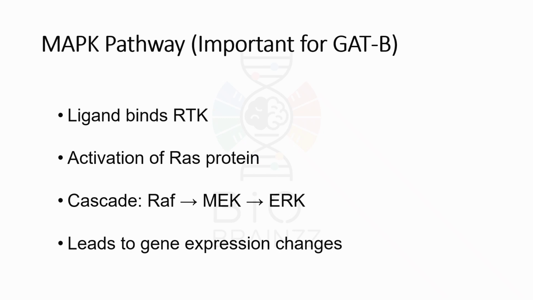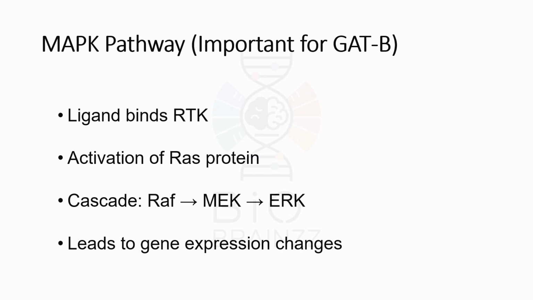Now, we are discussing one of the most important signaling pathways for GAT-B, which is the MAPK pathway. This pathway is commonly asked in exams, so you must understand the sequence properly. In this pathway, a ligand binds to a receptor tyrosine kinase, which activates RAS protein.